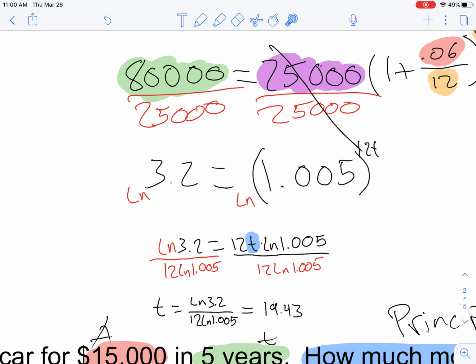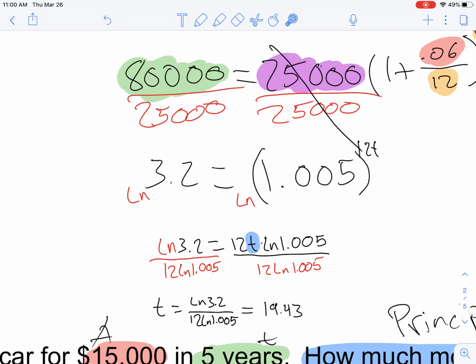I used a natural log. So when I natural log here, I was left with natural log of 3.2. And when I natural log this side, I'm allowed to take my exponent and move it out front. So that's how I have this here.